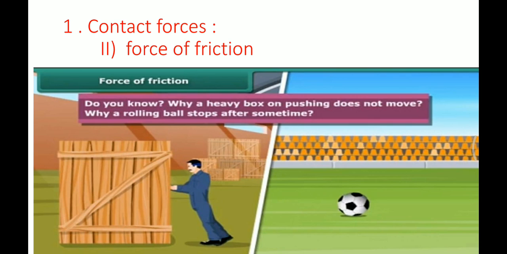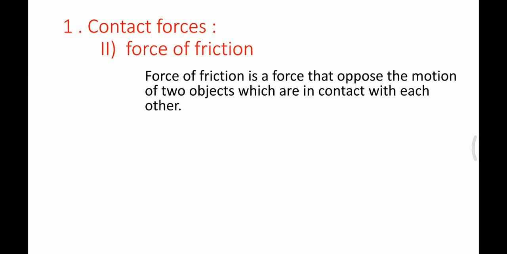This is due to the force of friction. This shows that the force of friction always opposes the motion of one body over another body in contact. So, the force of friction is a force that opposes the motion of two objects which are in contact with each other.